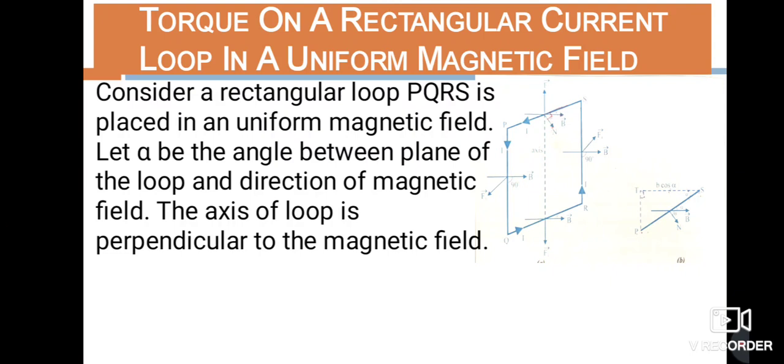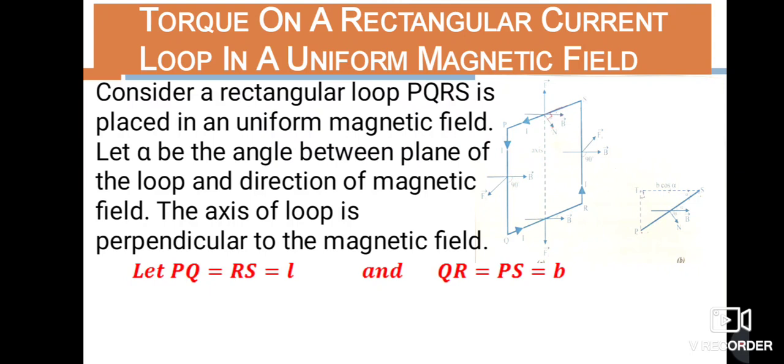In the diagram, between PS and B, the red mark shows the angle alpha. The axis of the loop is perpendicular to the magnetic field.